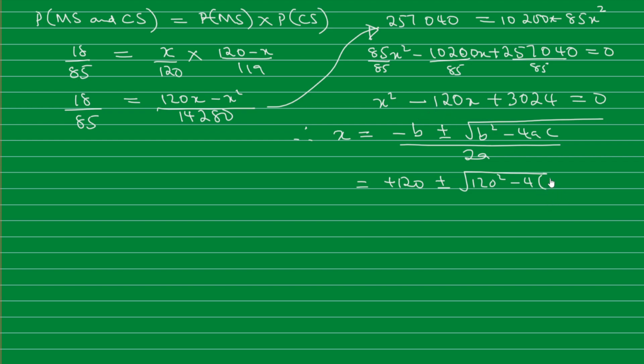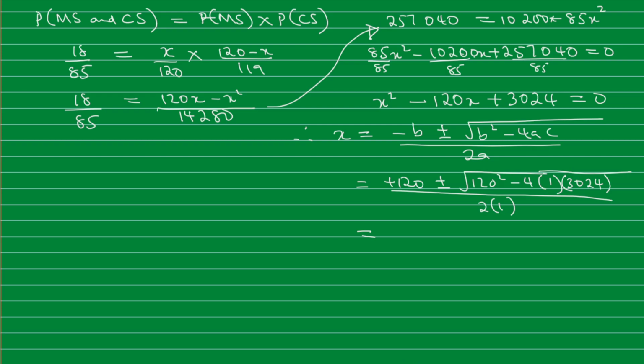A is 1, C is 3024. Everything is divided by 2a, which is 2 by 1. Our a is 1. Okay, and let's put it into our calculator.